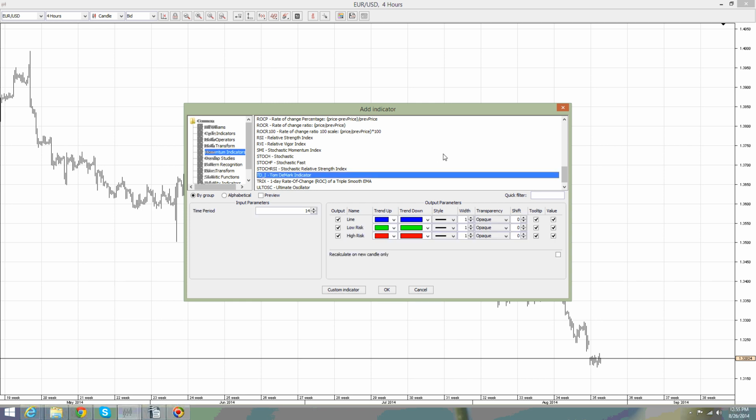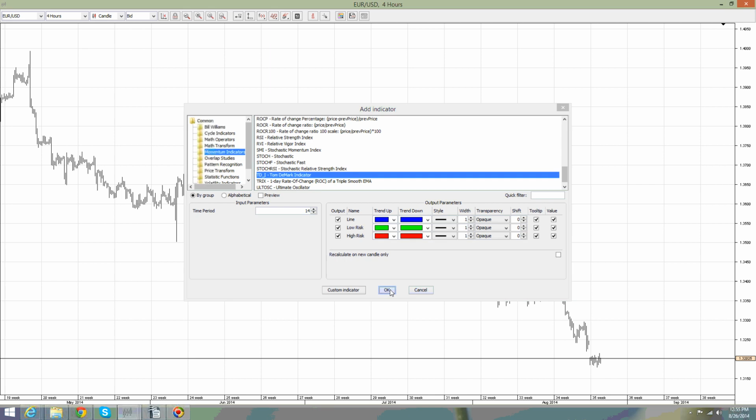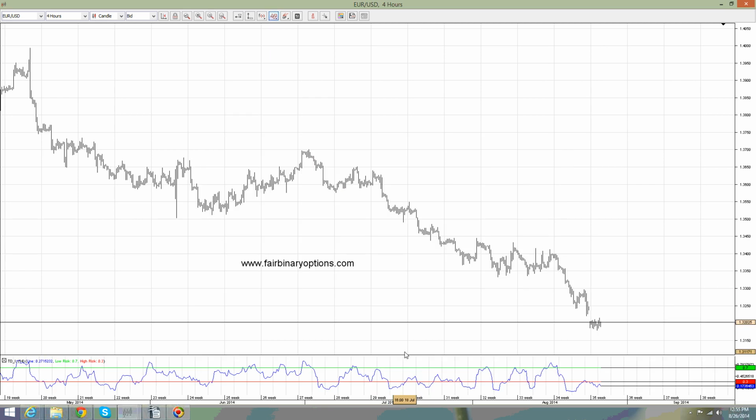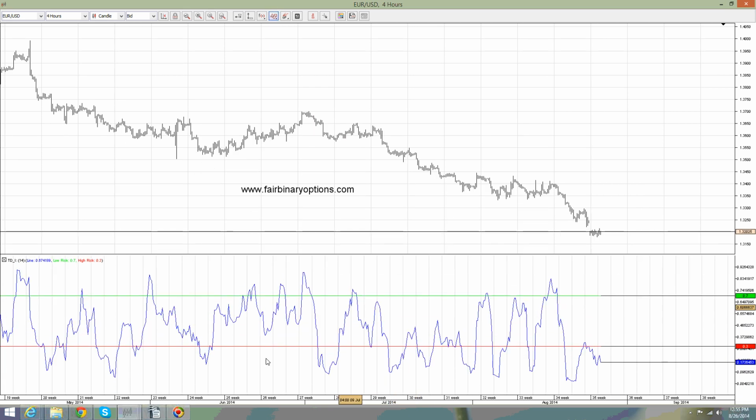Take for example the Demark Indicator, one of the most famous indicators of them all. If you apply it on the chart, it goes and trades with, again, 0.7 and 0.3.